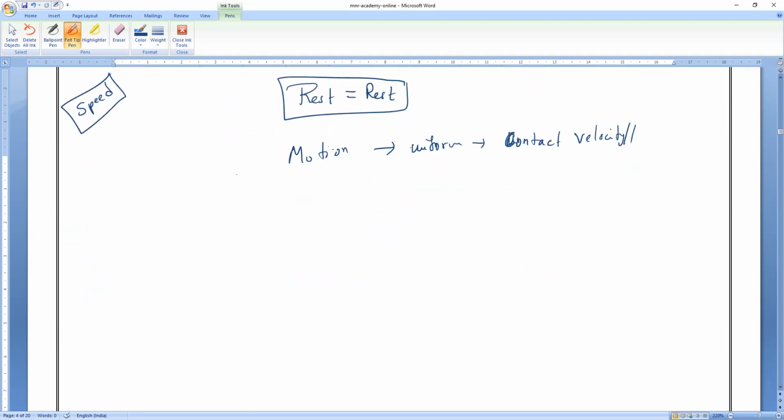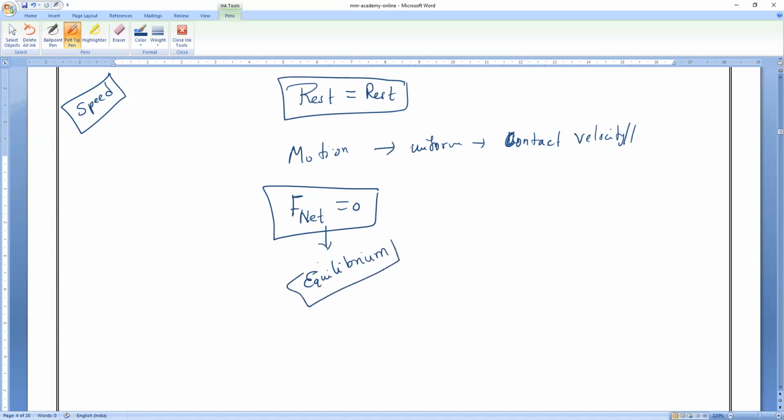Clear? This condition, F net equal to 0, in physics terminology is known as equilibrium.